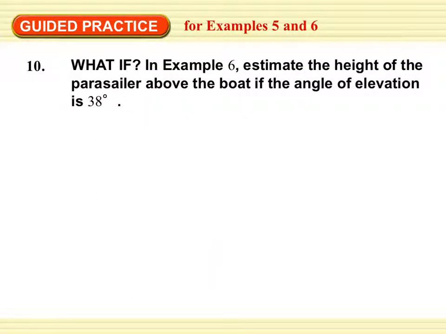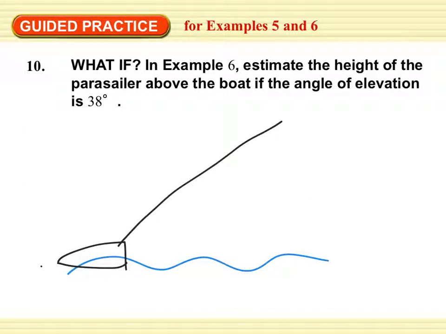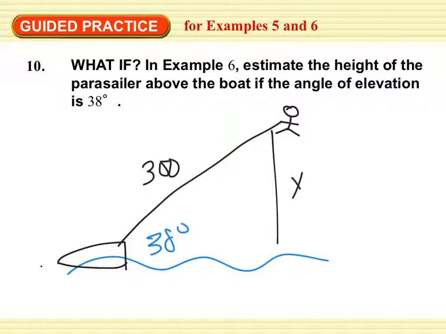What if, in example 6, estimate the height of the parasailer above the boat if the angle is 38? So again, water, boat, goodness, 300 feet of rope, parasailer, but now I'm angle of elevation, the height, yep, 38 degrees. I'm still trying to find the height of the parasailer.